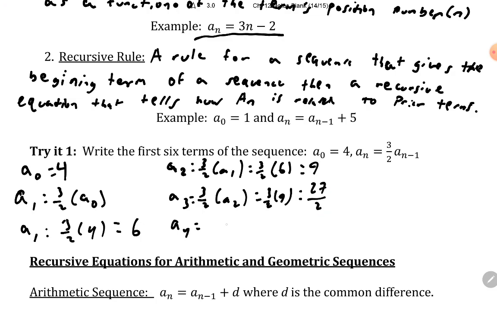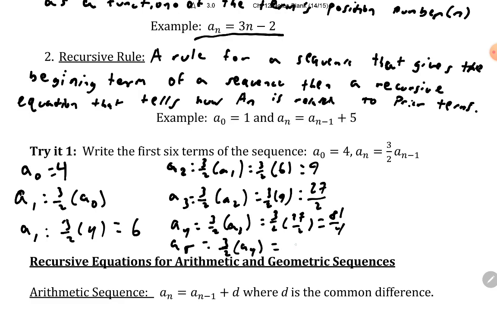A sub 4 is 3 halves of the previous term, a sub 3, which is 3 halves of 27 halves, which is 81 over 4. And then lastly, a sub 5 is 3 halves of a sub 4. And this will give me around 30.375.